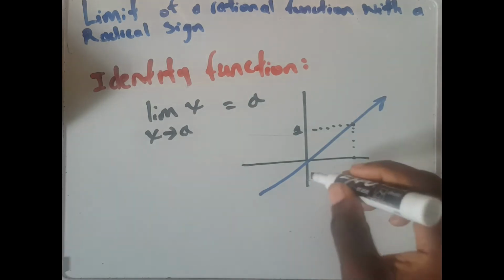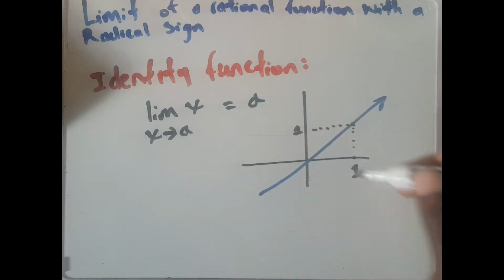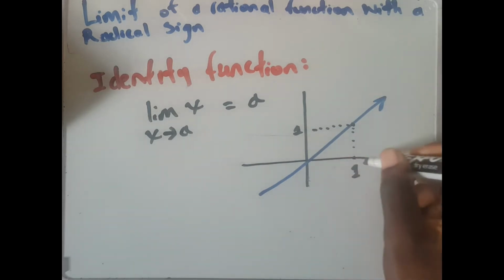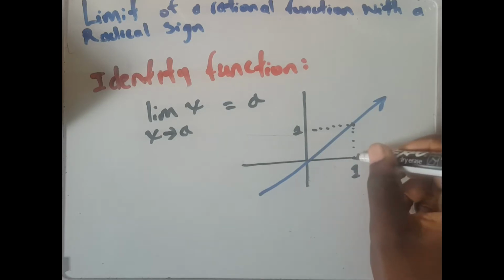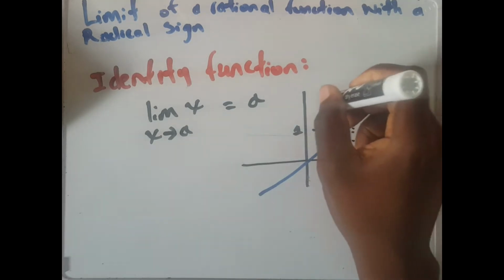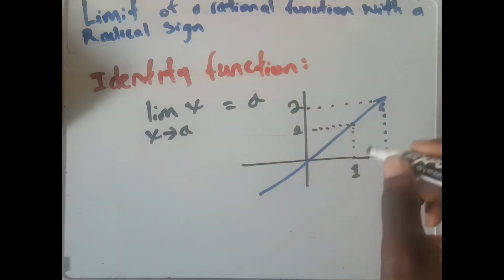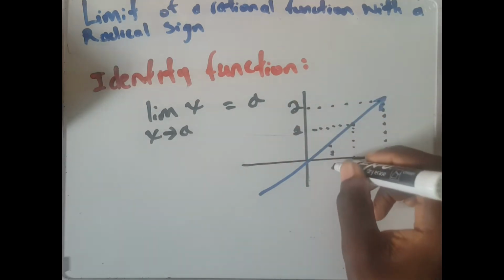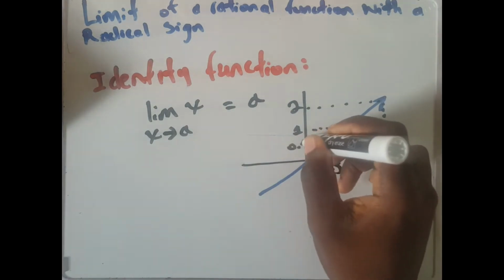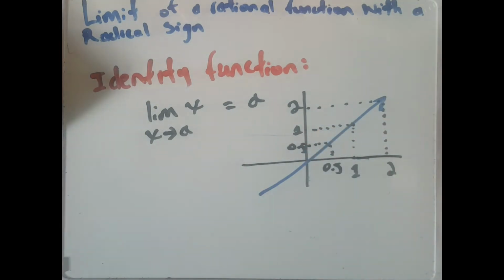So the limit at any point will be the same value as here. So if this was 2, well, 2 would be here. If here was 2, going up would also be 2, and 0.5, as I showed you in an example, would be 0.5. So this is what the identity function is saying.